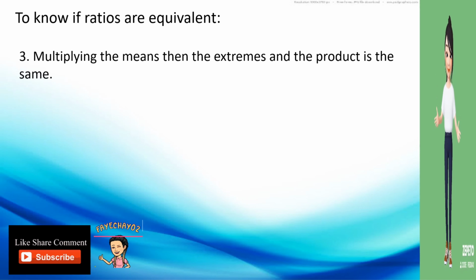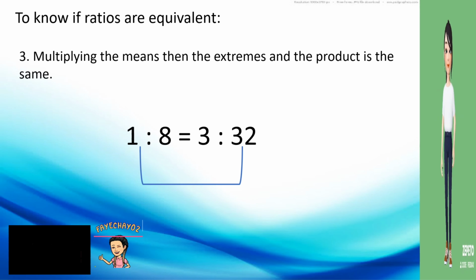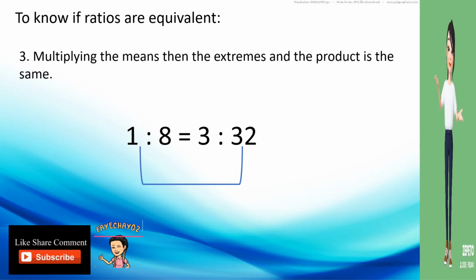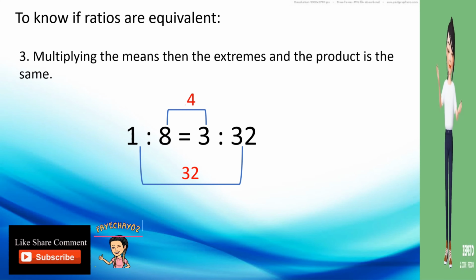Okay, let us try another example. So we have 1:8 is equal to 3:32. So again, we will get the product of the extremes. 1 times 32 is 32. And the product of the means, 8 times 3 is 24.